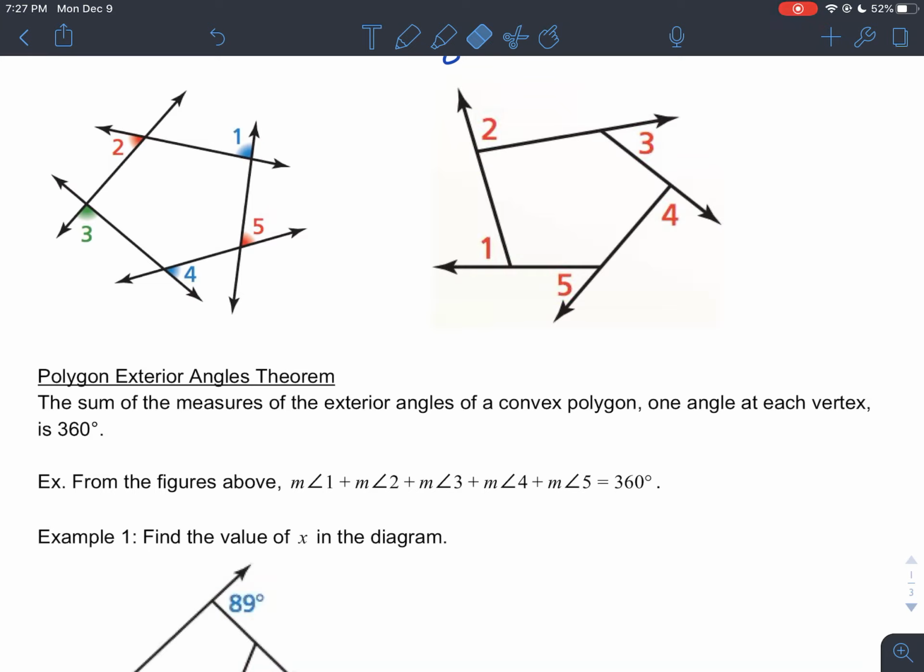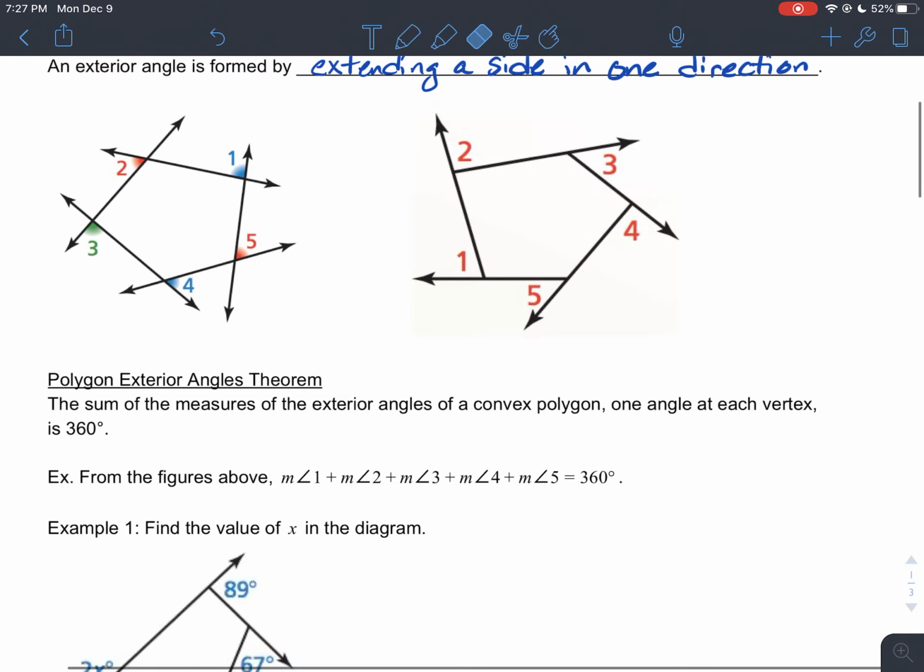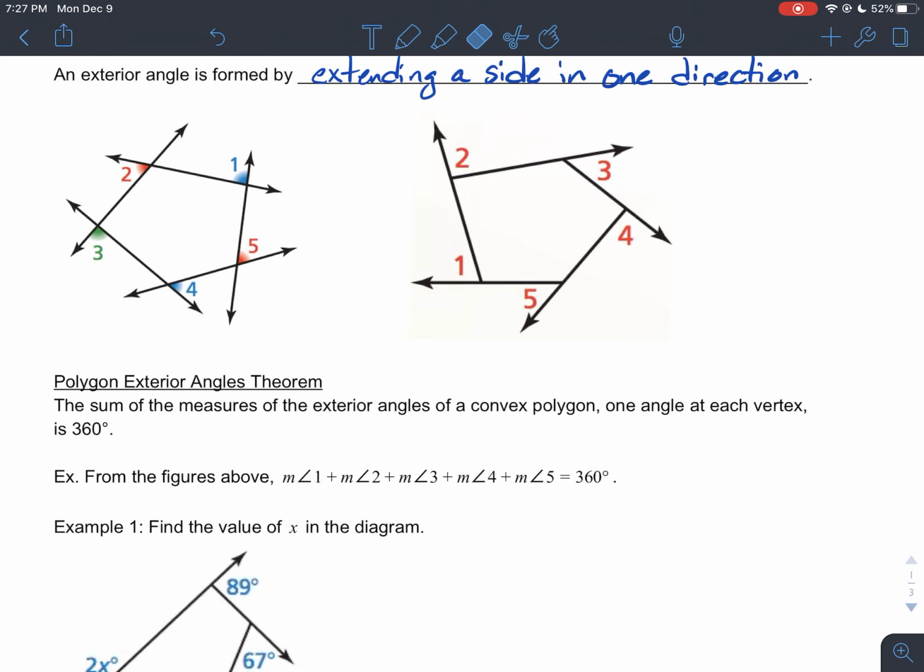To find the sum of the interior angles, you have to do fancy math. You have to say n minus 2 times 180, divided into triangles. Exterior angles, super easy. The sum of the measures of the exterior angles of a convex polygon with one angle at each vertex is 360. Always and forever. Okay?